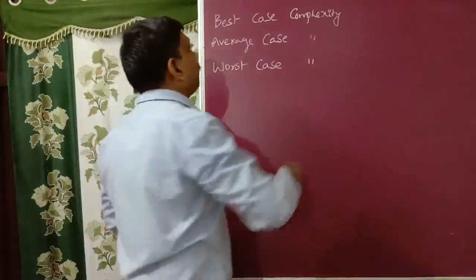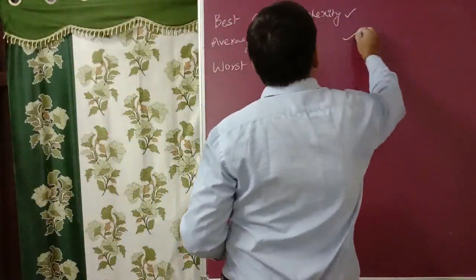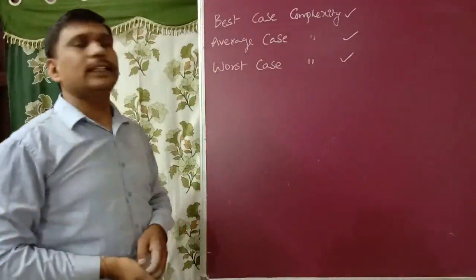The first is best case complexity, the second is average complexity, the third is worst case complexity.